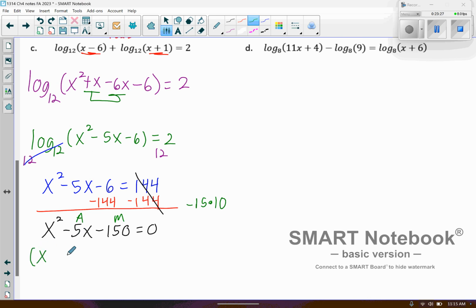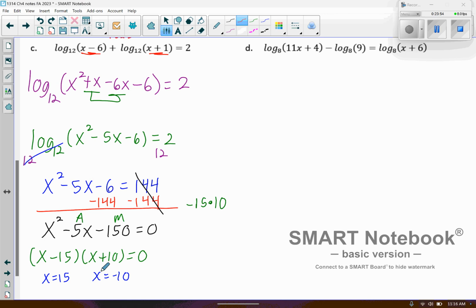So this is going to factor into x minus 15 times x plus 10 equals 0. And then we solve each one of these. So this first one would be positive 15. And then the second, if you set that factor equal to 0 and solve, would be negative 10. So those are my two possible solutions.